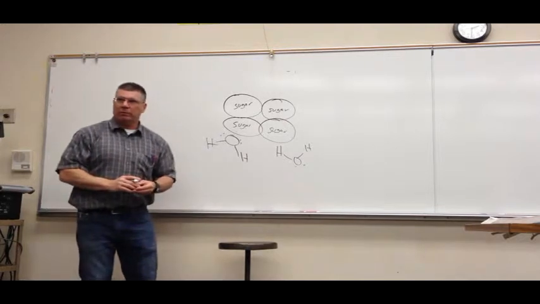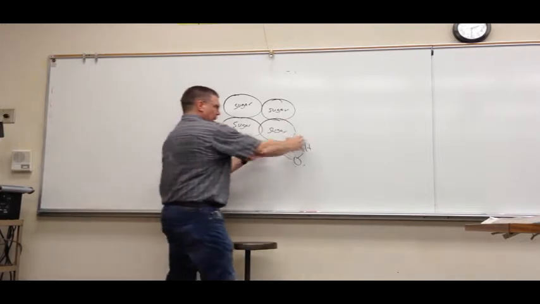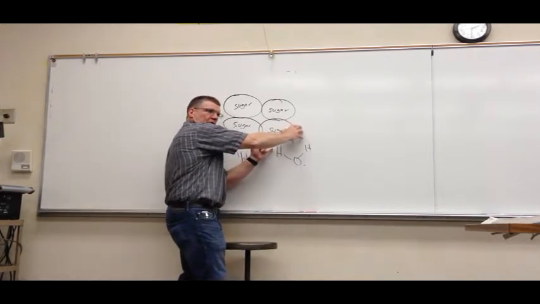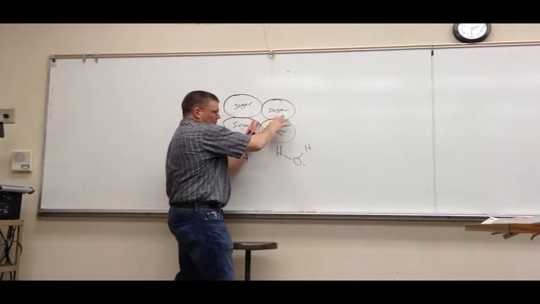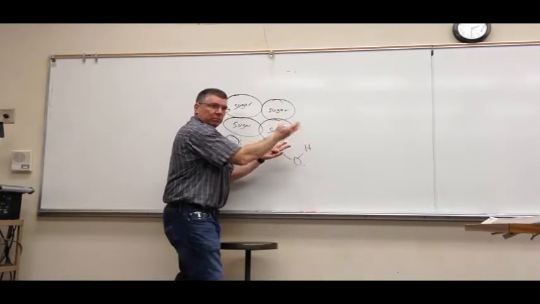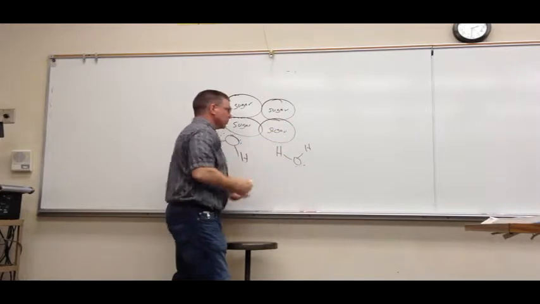Make sense so far? So what happens is these attractions of the water molecules for these parts of the sugar molecule start pulling it away from the rest of the solid, the crystalline sugar.